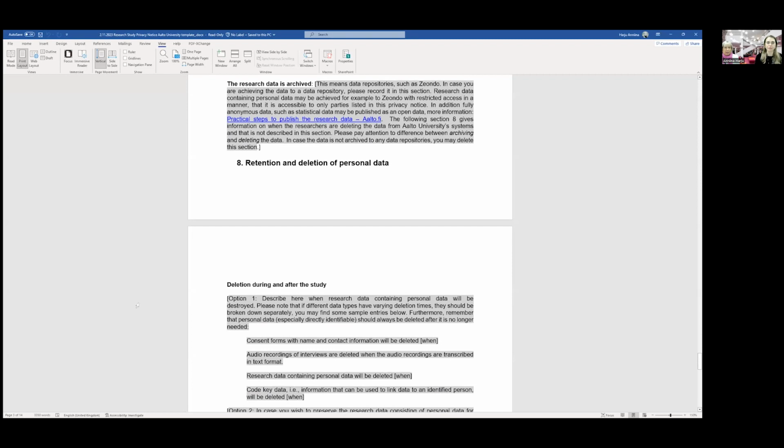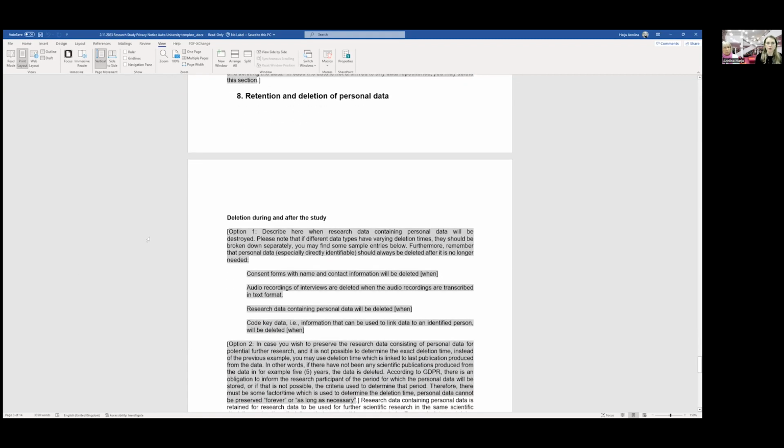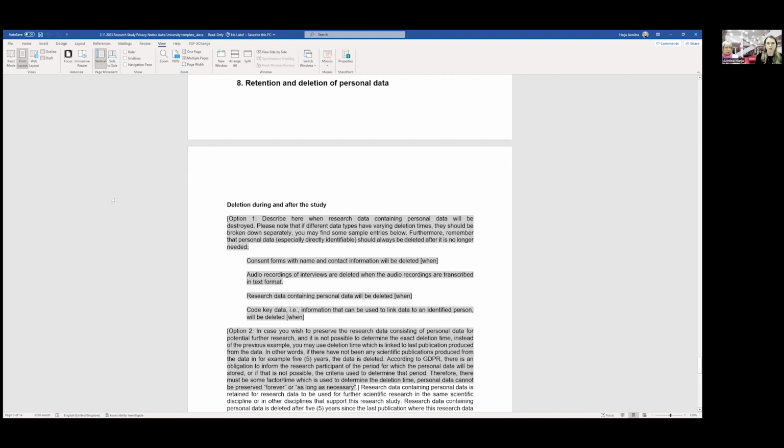Okay. Then section 8. So now we're coming to the end of the life of the personal data. In this section, you need to explain when you are deleting the personal data. Under GDPR, it's unfortunately not possible to keep the data forever because you can never be sure how long you are interested in using the data.